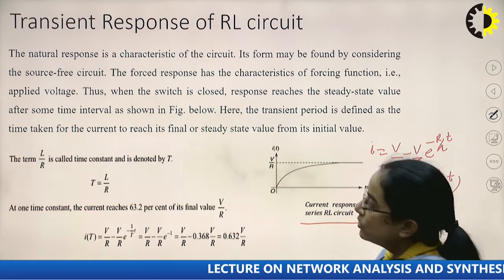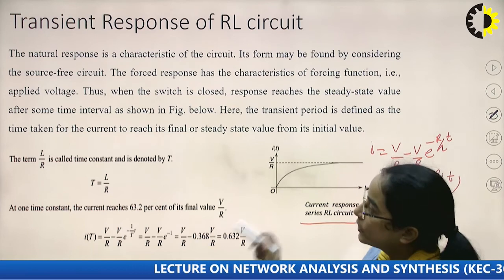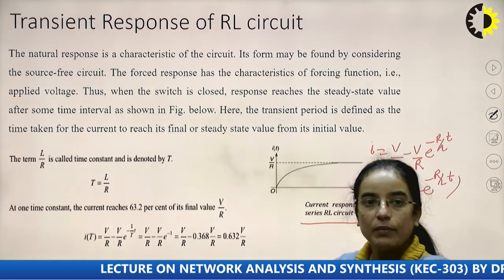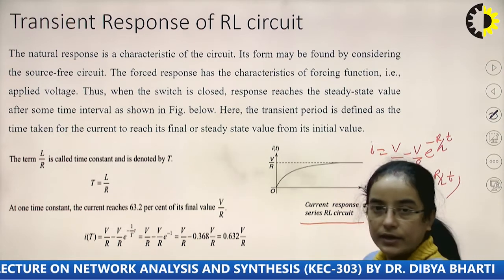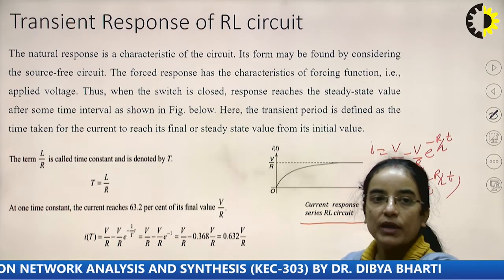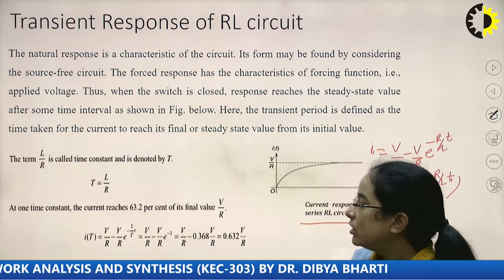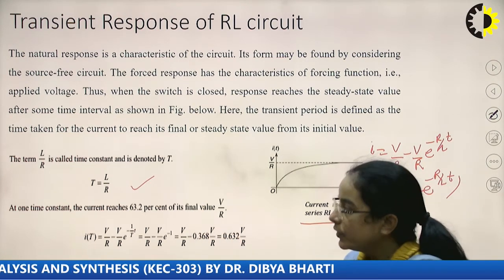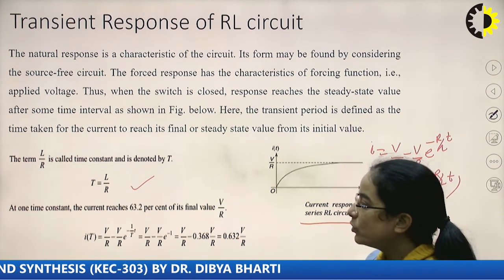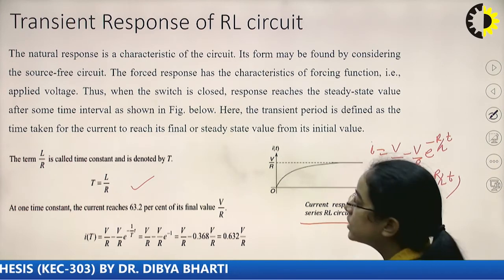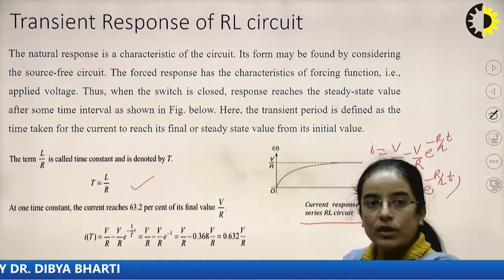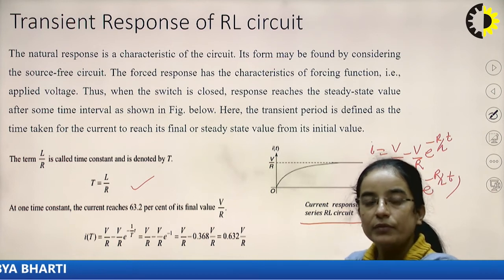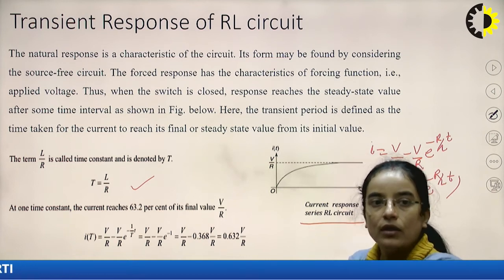Here, because the exponential to the power R by L is involved, the term L by R is known as the time constant and it is denoted by T. At one time constant, L by R is 1.